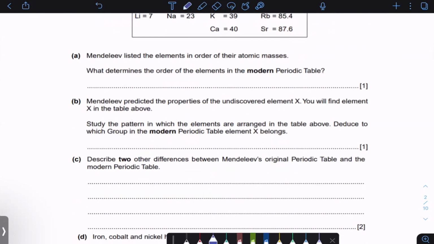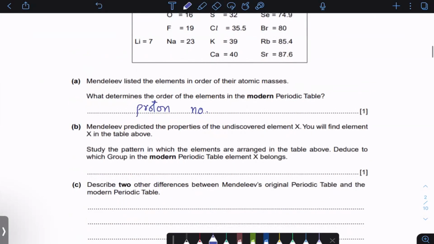Okay, let's look at the question. Mendeleev listed the elements in order of atomic masses. What determines the order in the modern periodic table? We just talked about it. Proton number. Yes, proton number of protons. Mendeleev predicted the properties of undiscovered element X. You will find element X in the table above. ठीक है, हमें नजर आ रहा है.